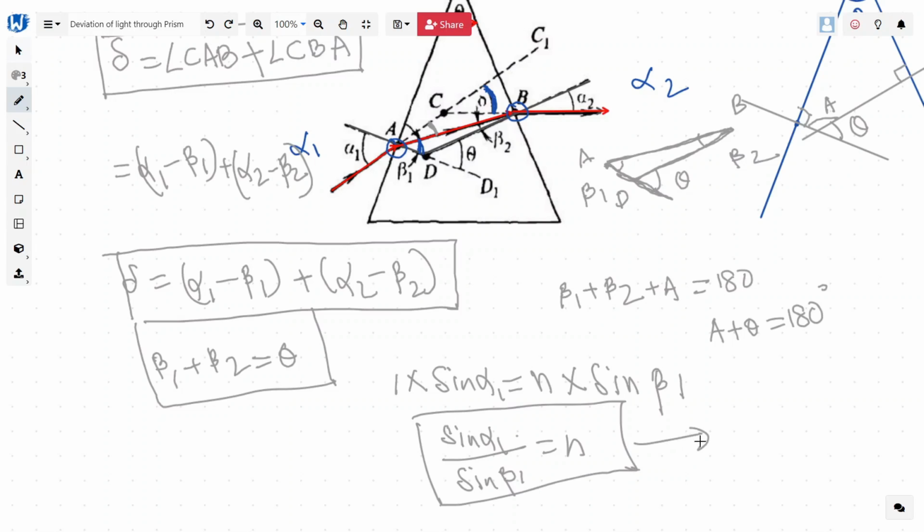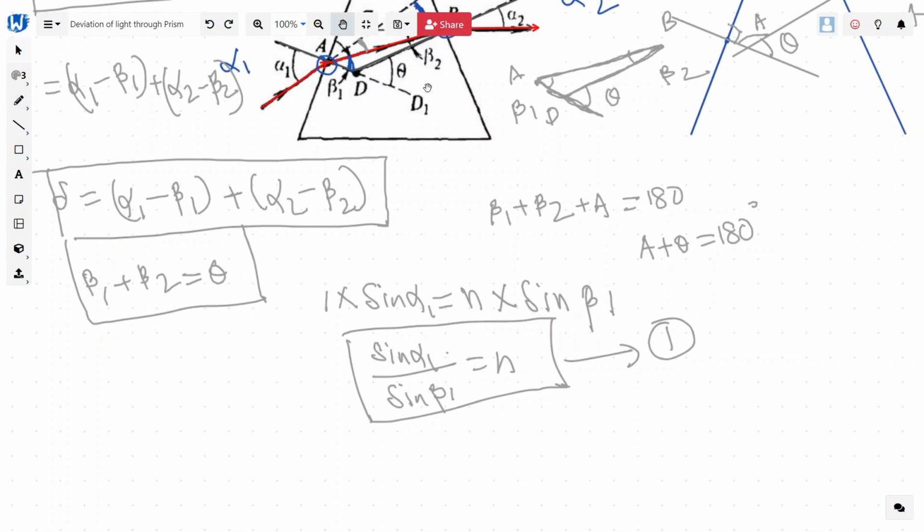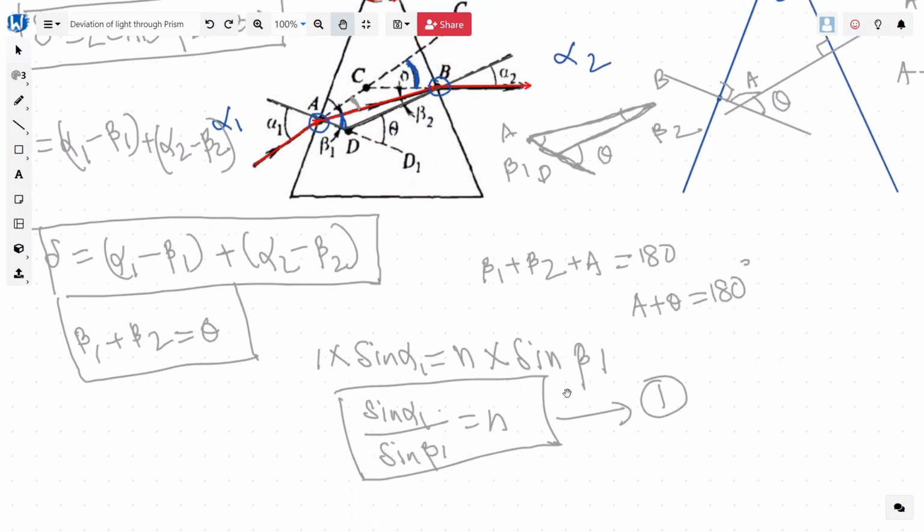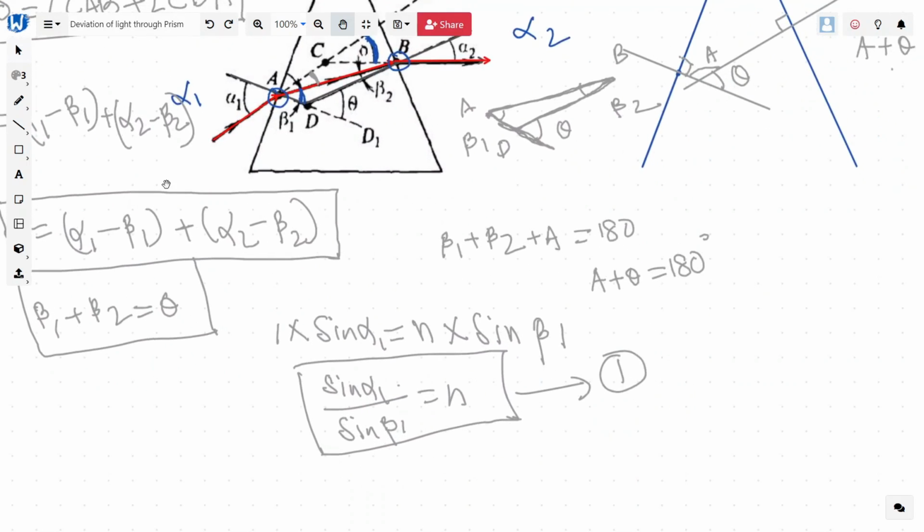This is our equation number 1: sine alpha 1 equals n sine beta 1. Now we can write Snell's law at point B, and that will give us our second equation, which is again very simple.